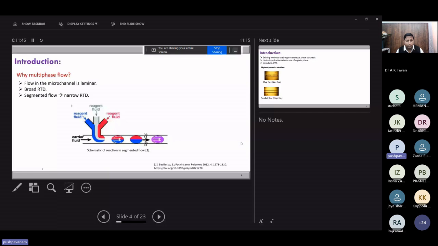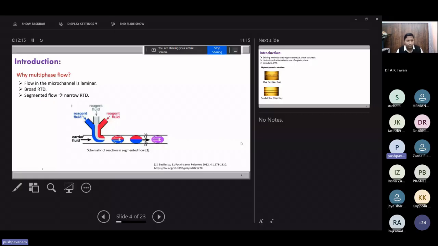Okay, and this way in each slug I will get nanoparticles made, and the nanoparticles made are going to be uniform in size and properties, because the mixing inside each slug is going to be the same for every slug. There are many slugs, and each slug will spend the same time in the reactor. So this is the major point.